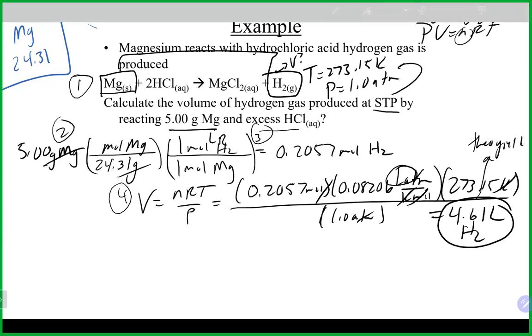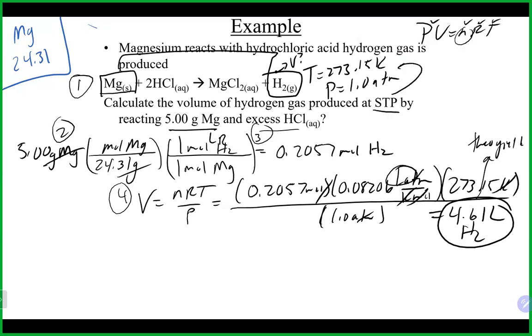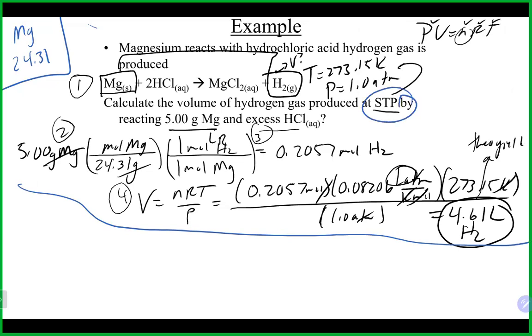Could I have solved this another way? And the answer is yeah, you could have solved it another way in this particular case. And in this particular case, because this was at STP, we could have used that relationship we talked about, that 1 mole of any gas is 22.414 liters.